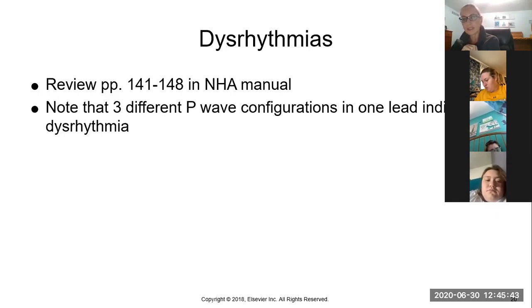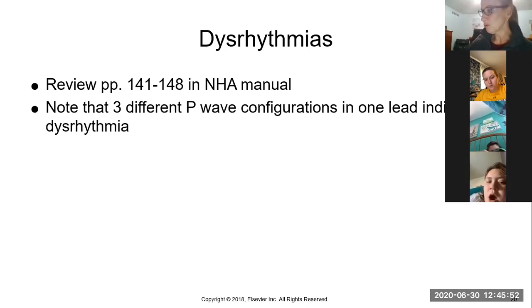Because this is your PCT manual that they're going to use to pull questions from. So they don't go into too much depth of it, but it's good to make sure that you look at these from 141 to 148 and get used to what they look like, because there probably will be a few of that on your PCT test.